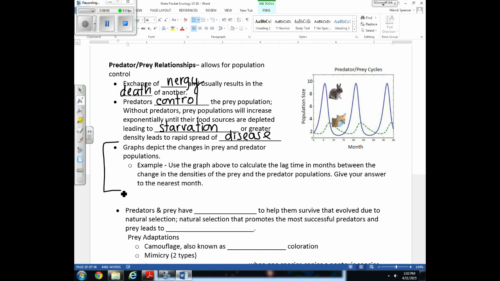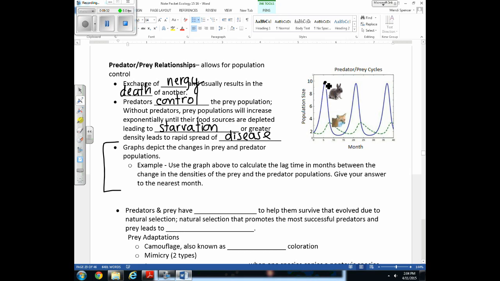It says, use the graph above to calculate the lag time in months between the change in the densities of the prey and the predator populations. Give your answer to the nearest month. The answer to this question simply was, look at a change, a point in time for that rabbit population, and then find that same type of change in that predator population.